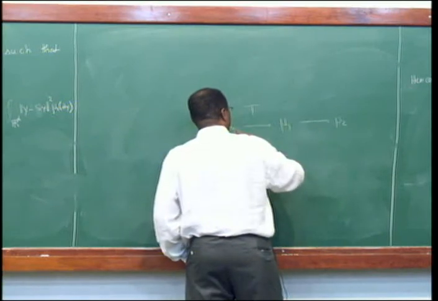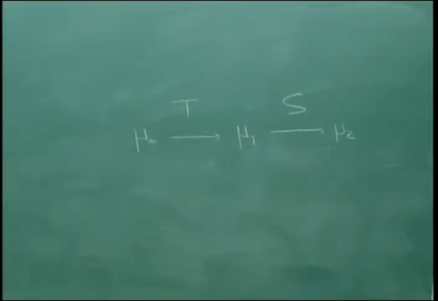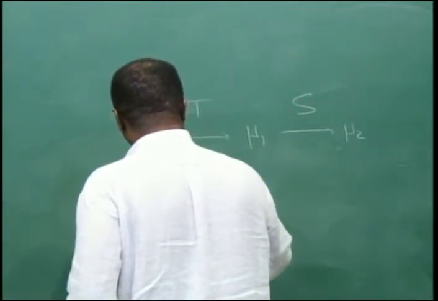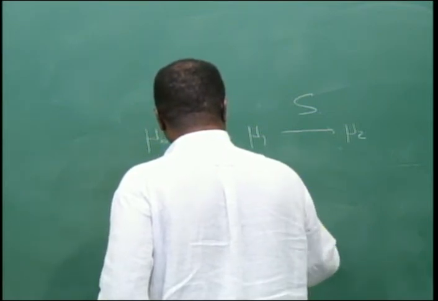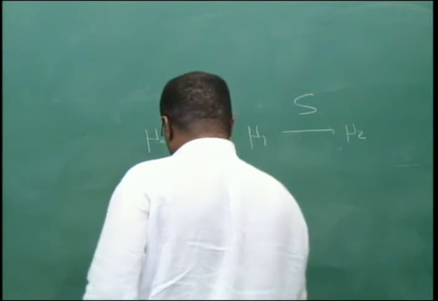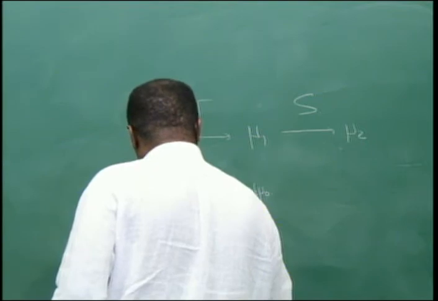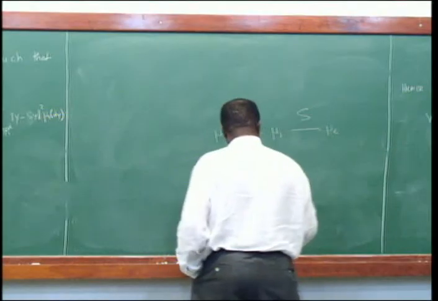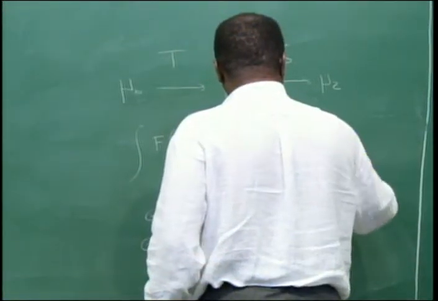So T pushes mu naught to mu1. S pushes mu1 to mu2. S composition T will push mu naught to mu2. Indeed, if you integrate f of S composition T d mu naught, then this is the integral of g of T if I set g to be f composition S. So this is the integral of g of T d mu naught.